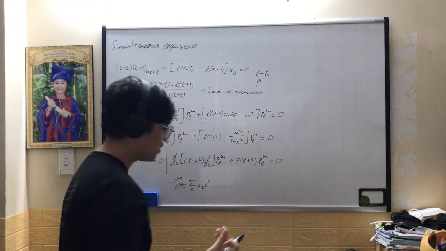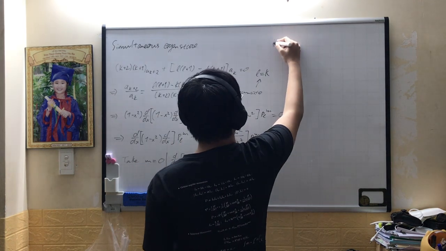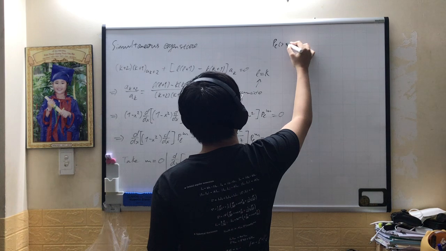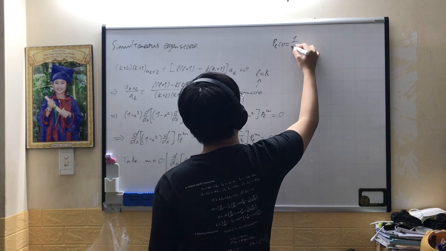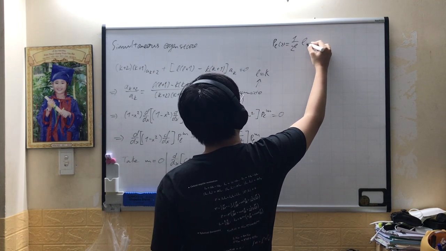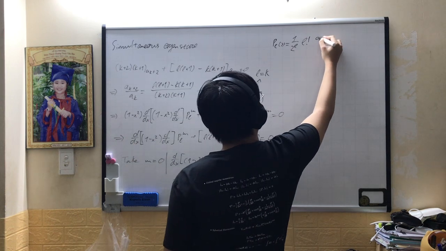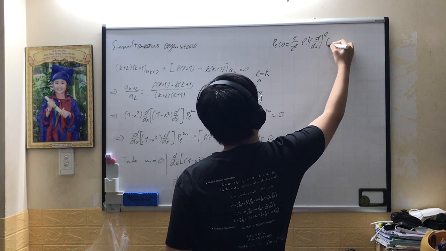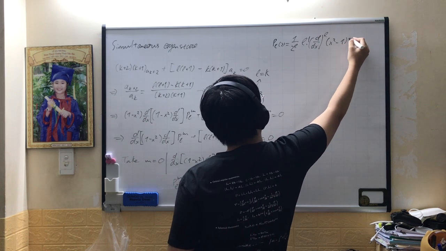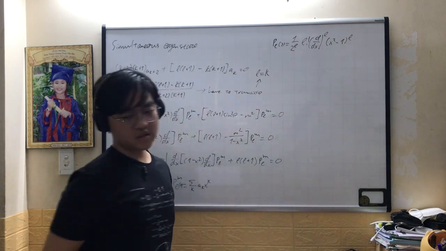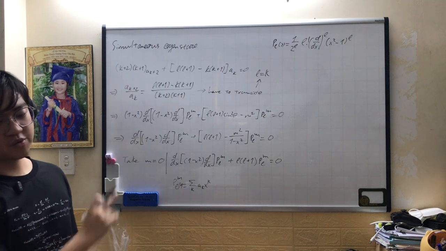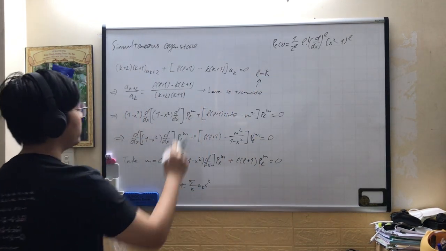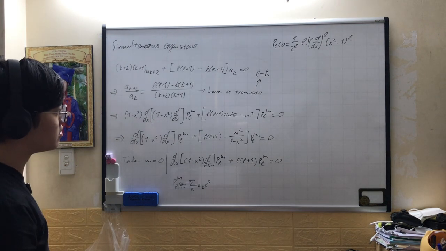What you get is P_l of x is going to equal 1 over 2^l l! d/dx to the l of (x squared minus 1) to the l. Okay, so this would be your polynomial with m equal to 0.